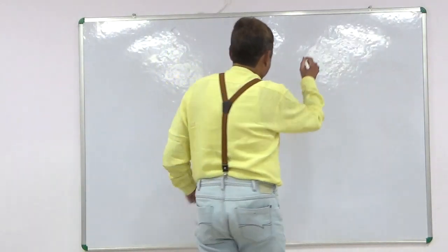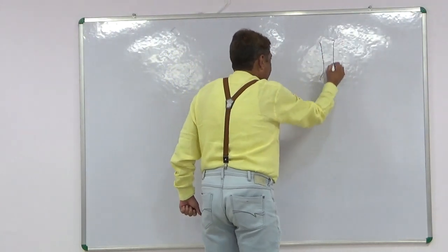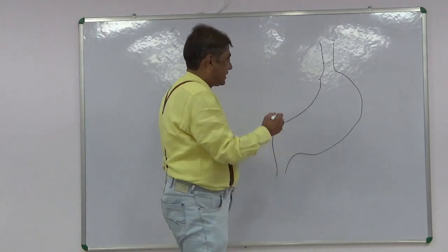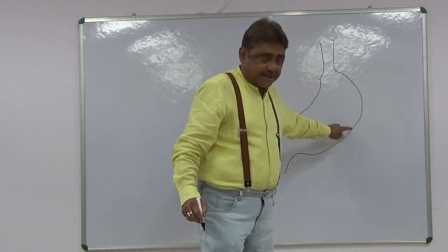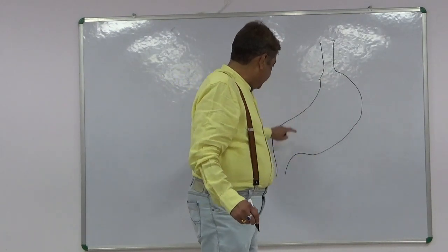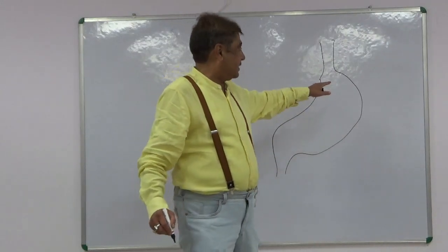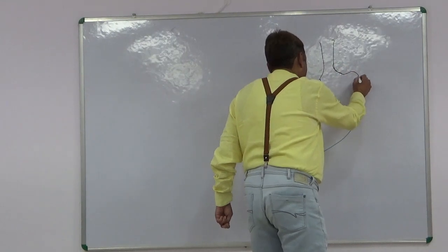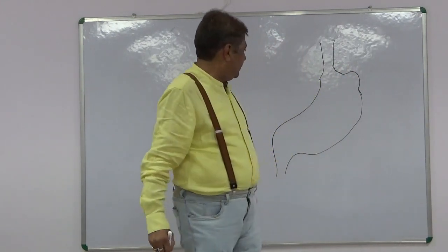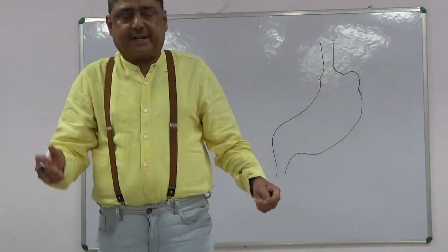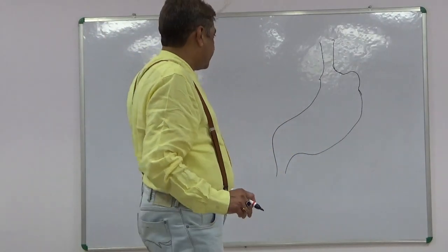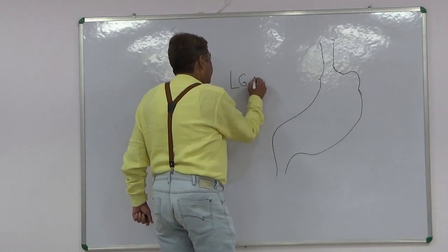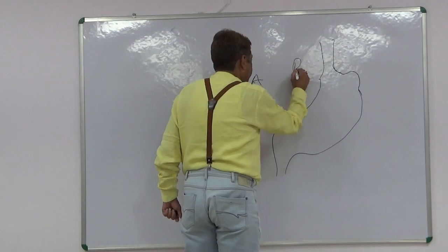Stomach as such has a lesser curvature, a greater curvature, the cardiac and the pylorus, and of course the fundus. Now the arterial supply: the lesser curvature is supplied by the left gastric artery and the right gastric artery.